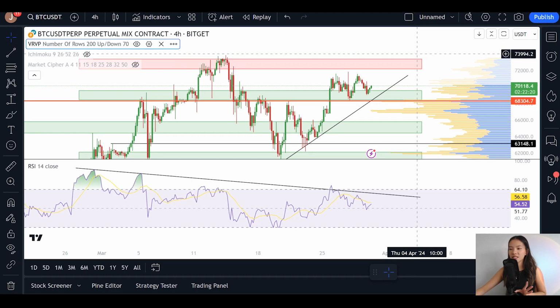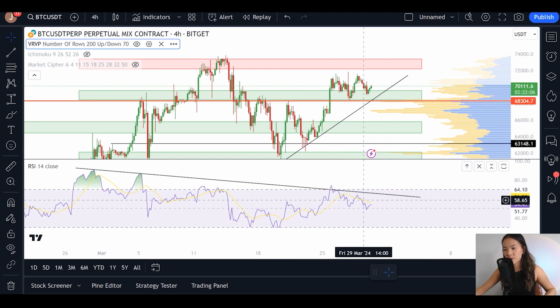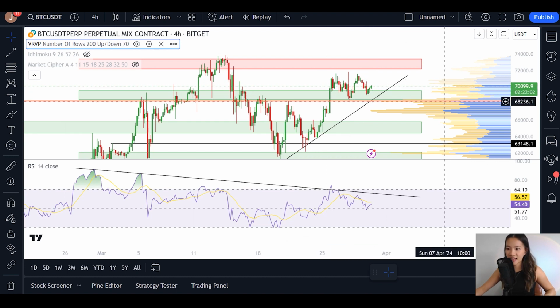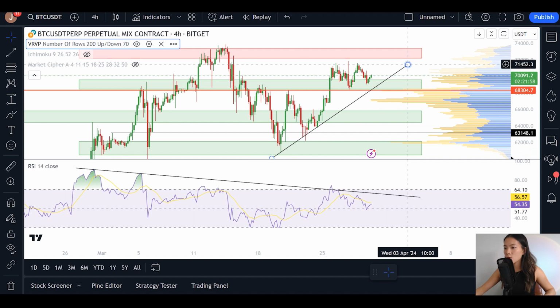So just to really quickly summarize all the analysis for today, we are looking really, really good on the short time frame. We have our key level support here at 68.5, and 68.5 to that $69,000, that range there. And despite all the dropping momentum, the price is still printing higher lows and higher highs, and we're still in our key short time frame uptrend. That's still holding really, really well.